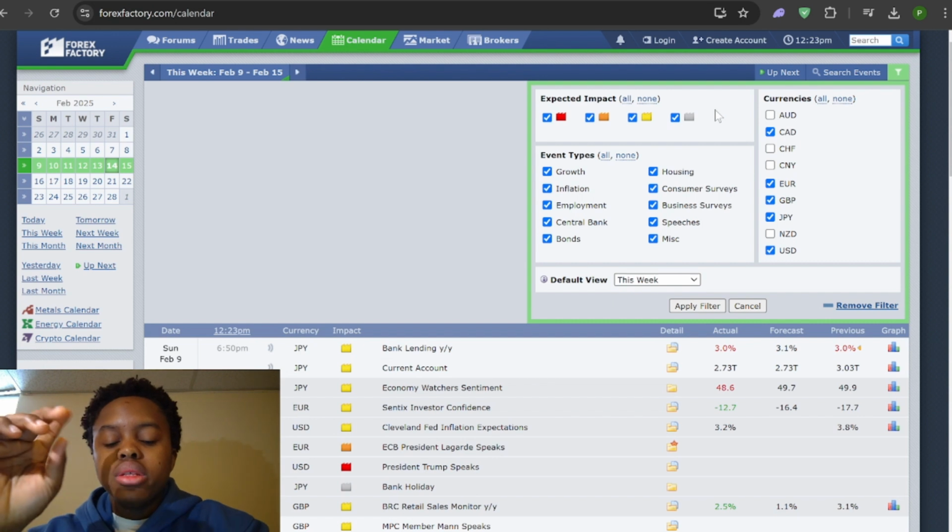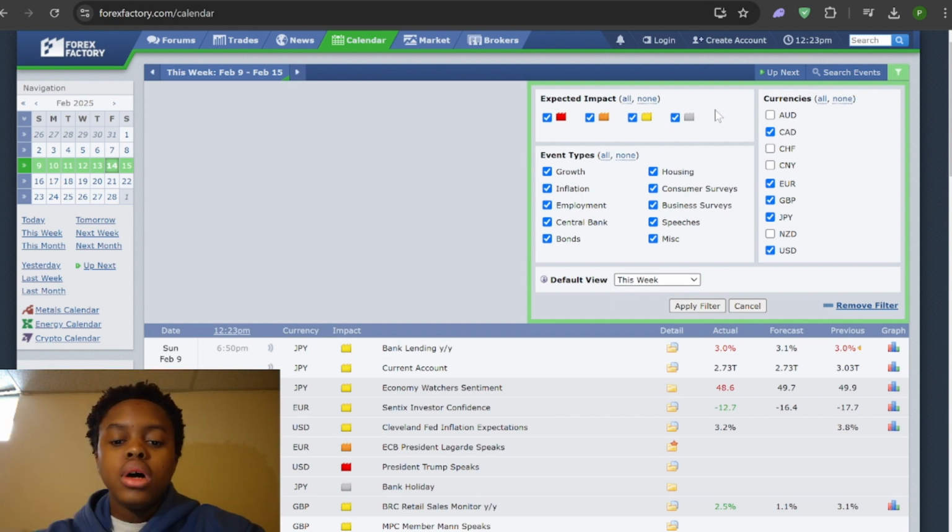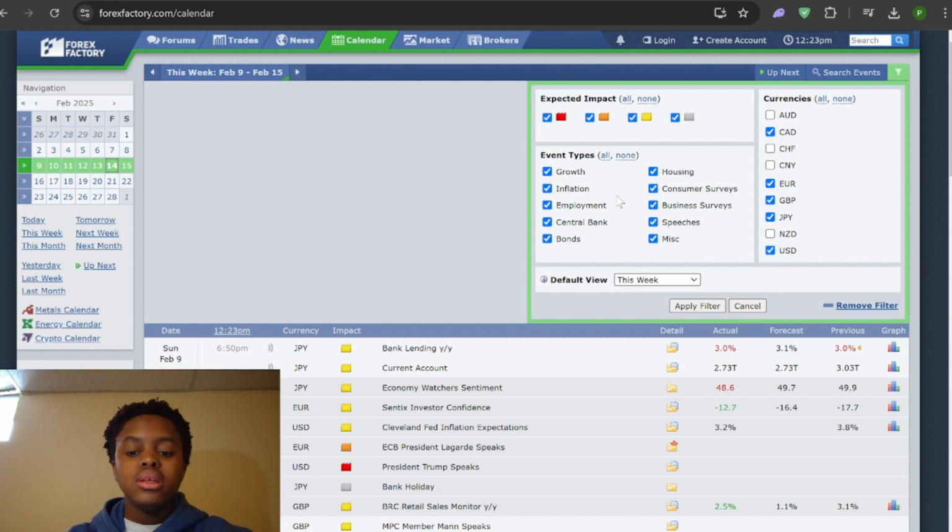Now, the one thing I didn't explain, out of all these folders, is the gray folder. The gray folder is only a symbol to show that that bank or that currency pair has a bank holiday. For example, if you look down here at the JPY currency pair, you can see that it has a gray folder. And what can you see here?